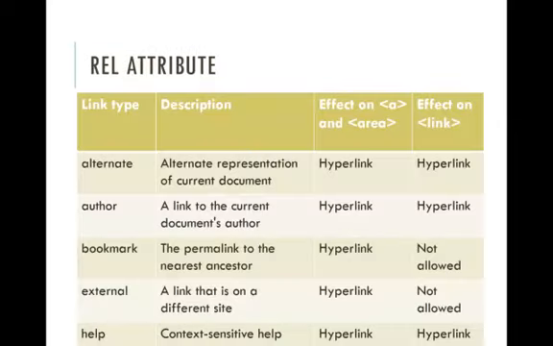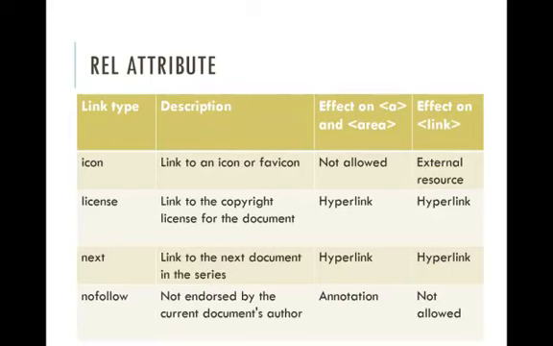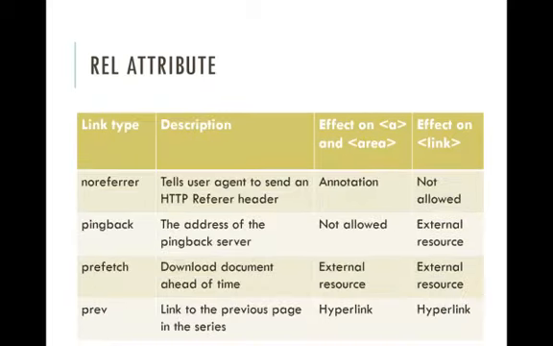And the REL attribute can be alternate, author, bookmark, external, or help. You can also use REL with icon, license, next to go to the next document in the series, or nofollow. And lastly, we have noreferrer, pingback, prefetch, and prev.